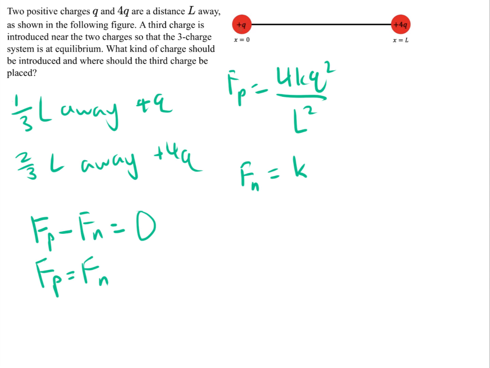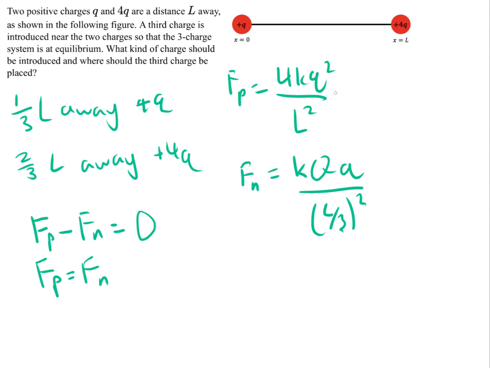I'm going to use plus q because that is simpler. Then the capital Q, the magnitude of the charge, is actually negative. We'll get to that later. And the distance, if you remember, the x distance we defined between the charged particle with charge plus q and the negative charge, was L over 3. So that over L over 3, squared, is the force of the negative charge.